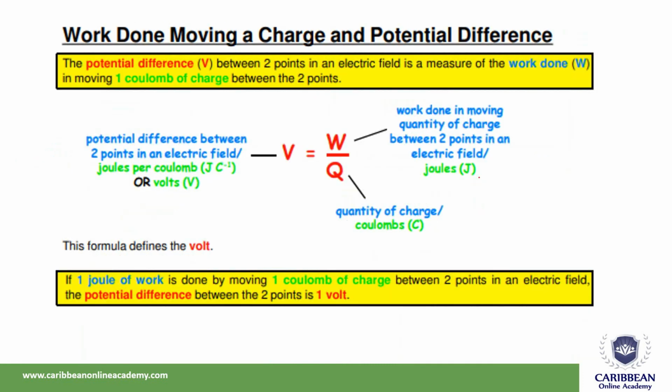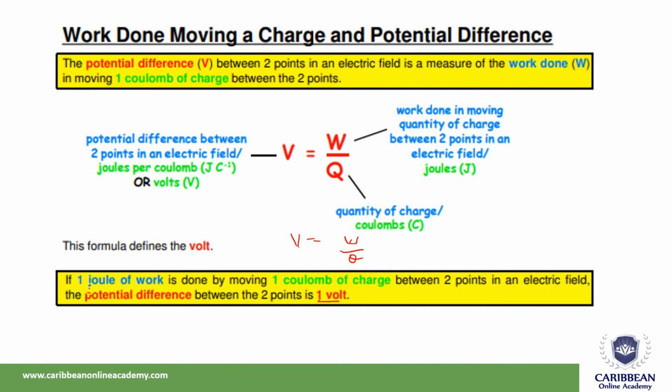All right? So from that, we can come up with an equation that says V is equal to the work done divided by Q. Follow me?